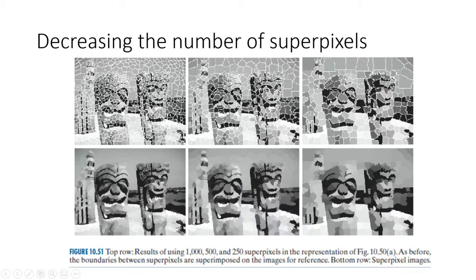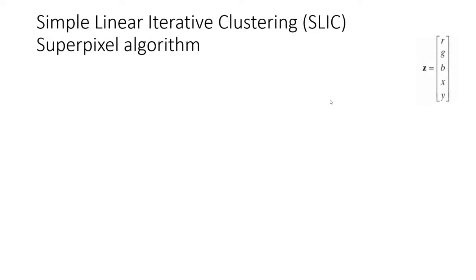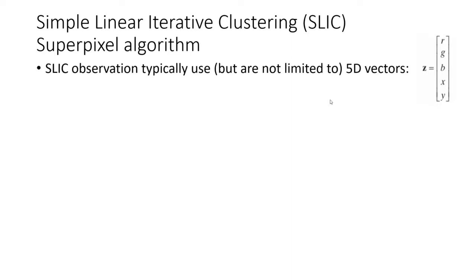We're going to see in a simulation how the superpixels work, so that you're going to have an idea. But let's understand the algorithm first. The algorithm is called simple linear iterative clustering. That's SLIC. This is a very famous algorithm.